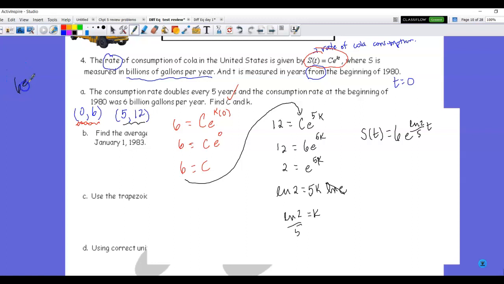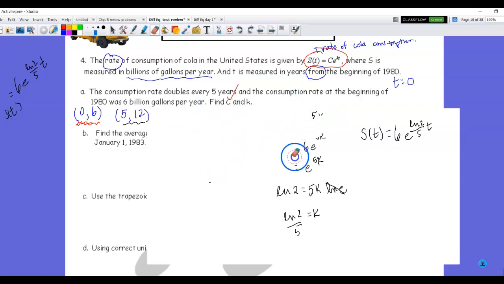So 6 E to the (ln 2 over 5) t is equal to S of t. Okay, so let me get rid of this work so that I can go to part B.